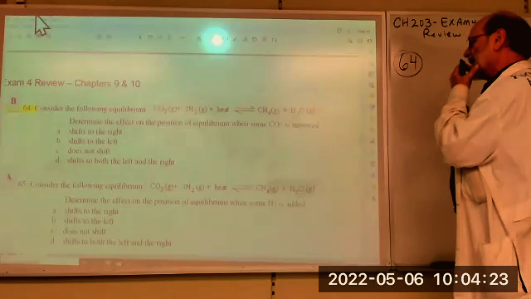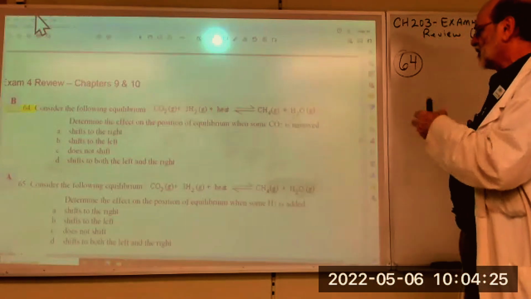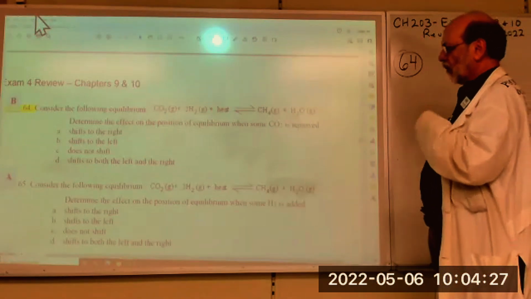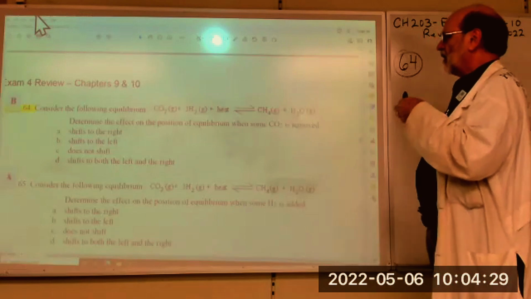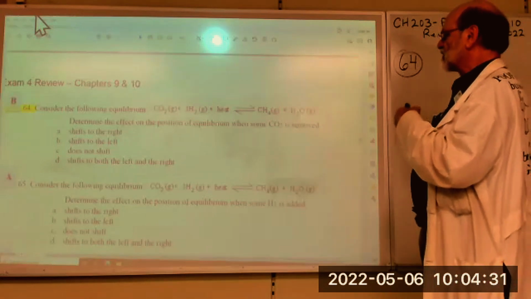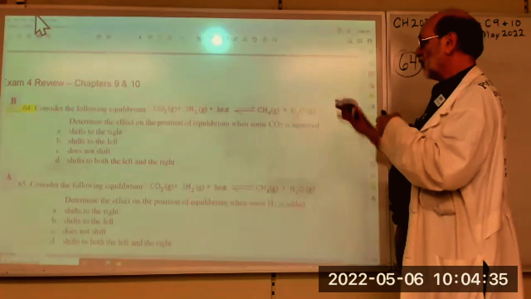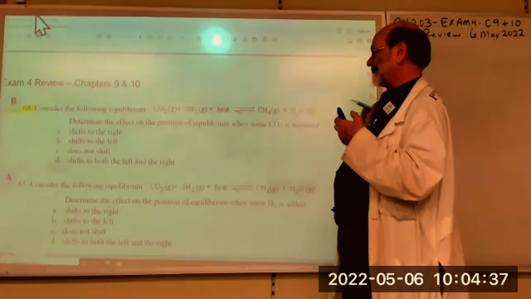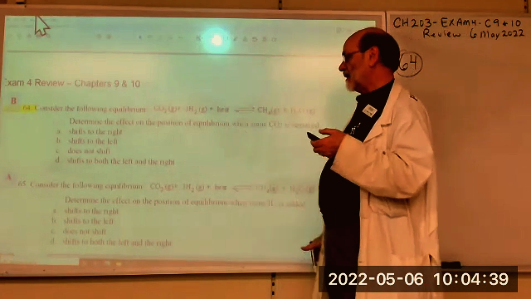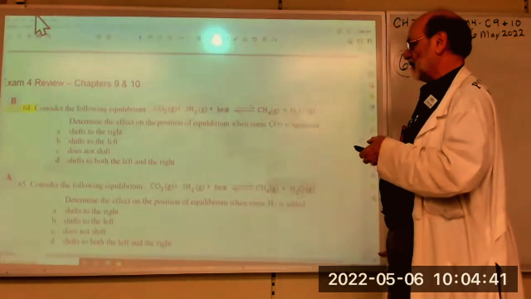Consider the following equilibrium. Carbon dioxide plus hydrogen yields methane plus water. What's the effect on the position of the equilibrium when some CO2 is removed? If you remove CO2, which way is it going to shift? That way. So it shifts to the left.